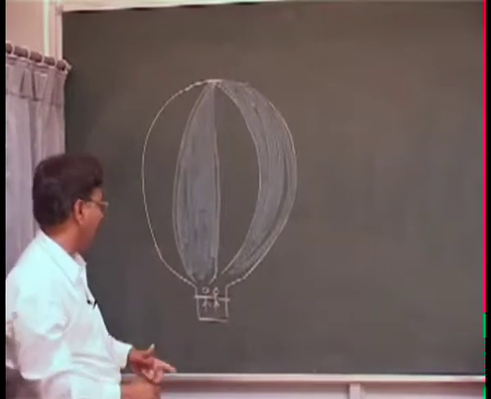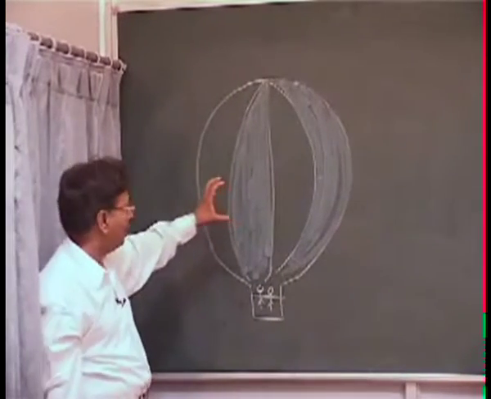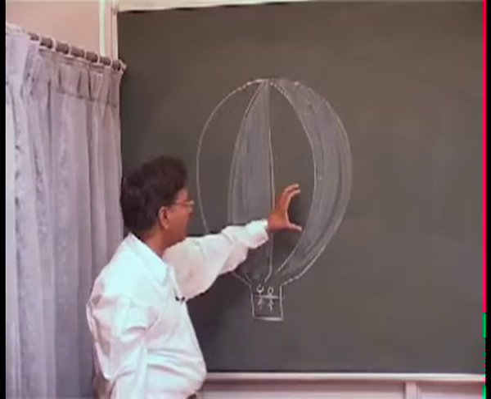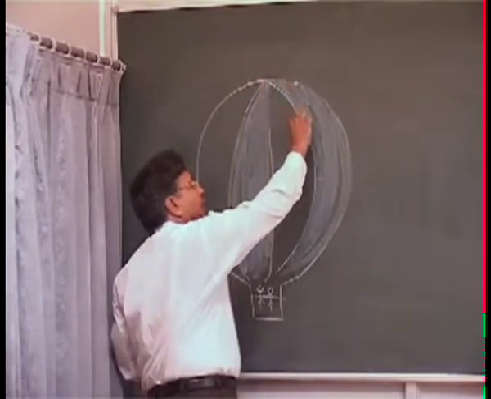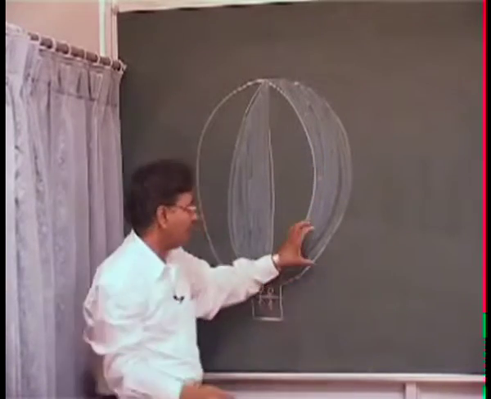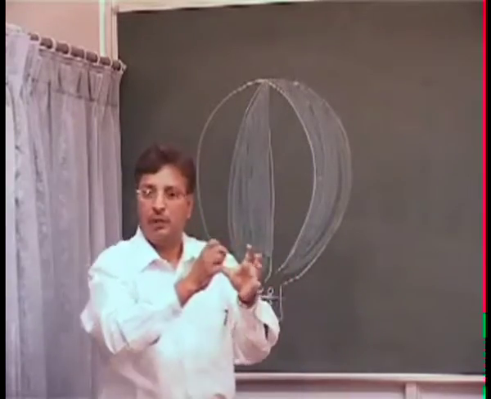Suppose you are traveling up with your friend. As you move up, these are the strings, and the portion which is part of the balloon tends to bulge out. It becomes bigger and bigger.